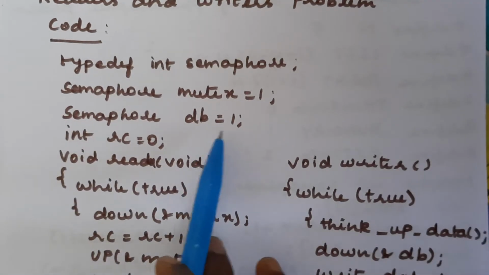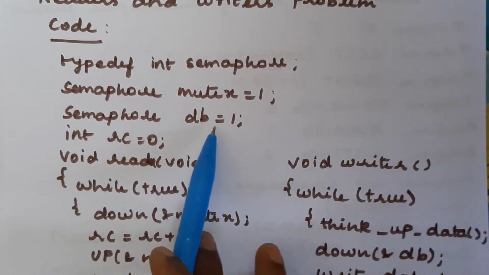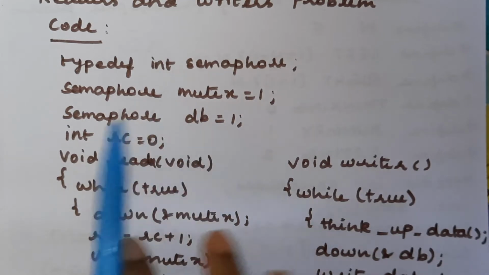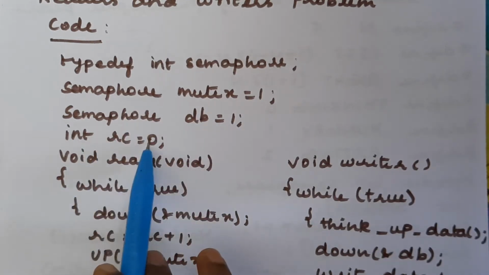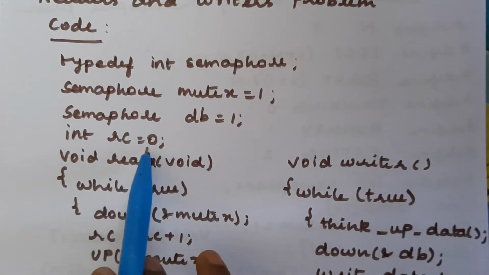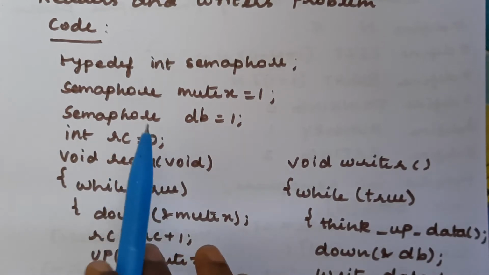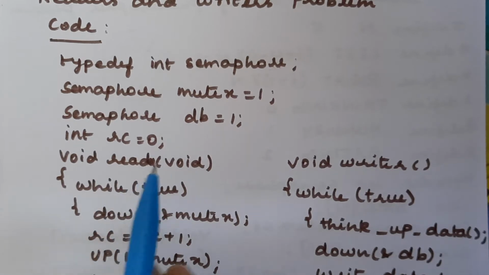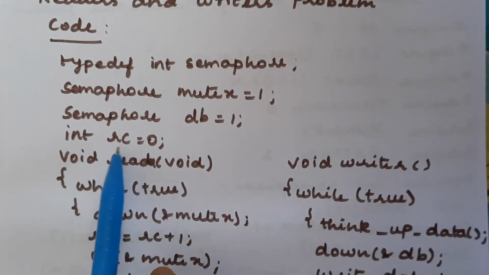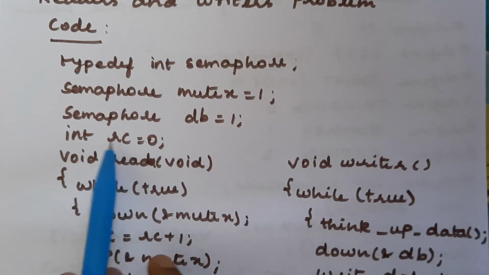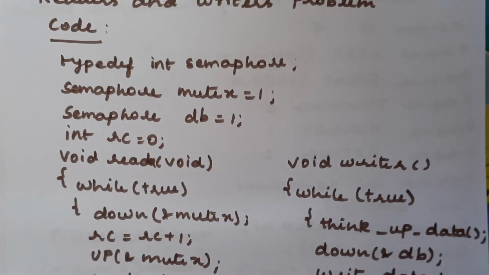Semaphore db equal to 1: both these semaphore variables, mutex and the database, we have initialized to 1, and we have one local variable called read count. It tells us how many readers are currently active at one time, so with the help of this variable we can understand that.